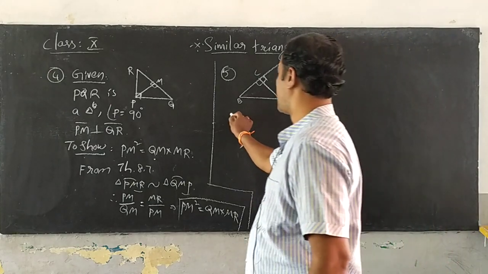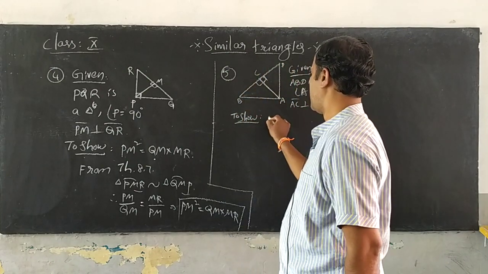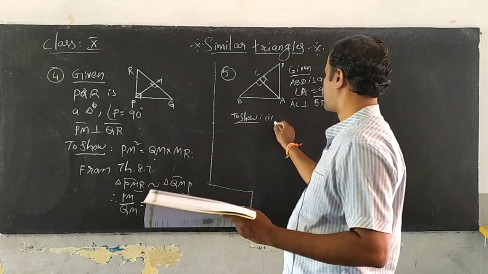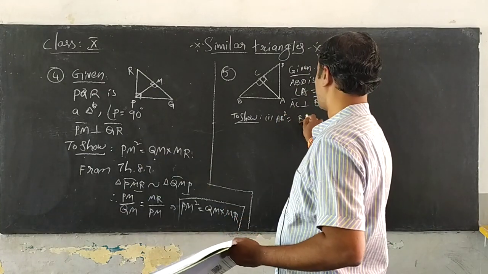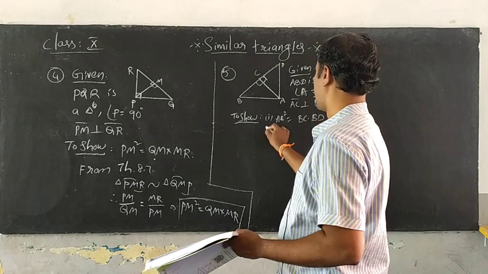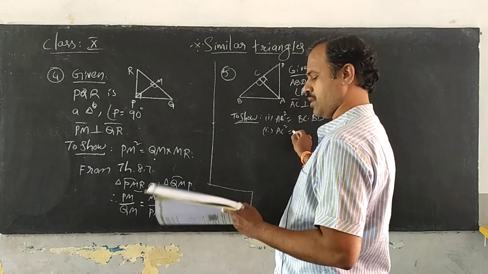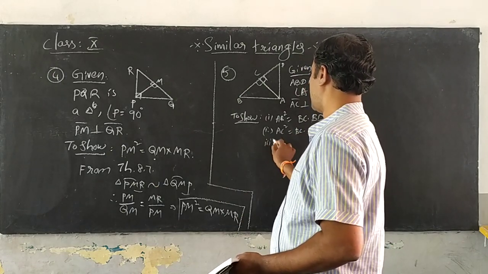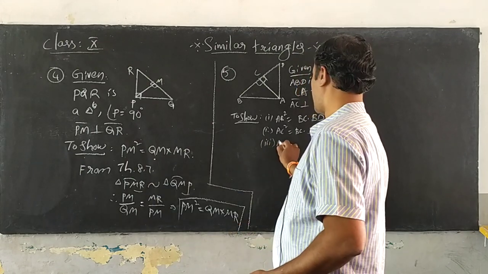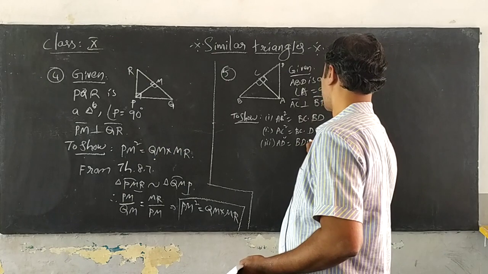We are asked to show, what is to show? First one, AB square is equal to BC into BD. The second one, AC square is equal to BC into DC, and the third one, AD square is equal to BD into CD.